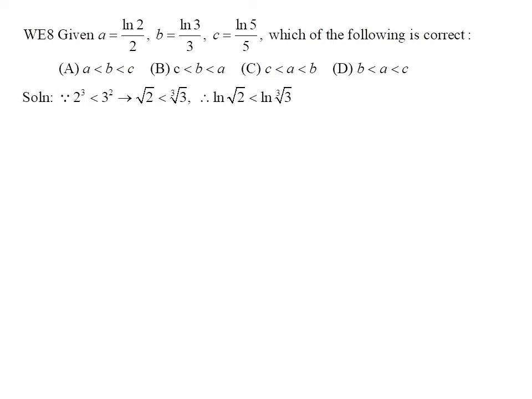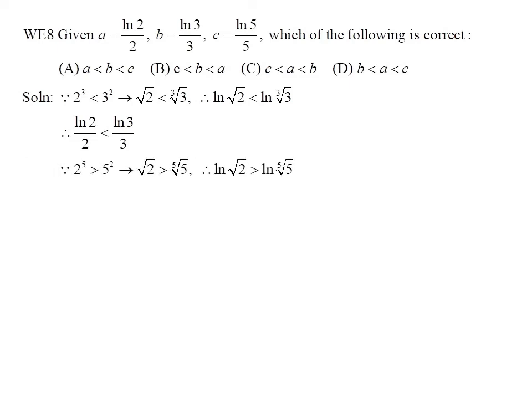Since 2 cubed is less than 3 squared, which implies that square root 2 is less than cubic root 3. Hence, natural logarithm of square root 2 is less than natural logarithm of cubic root 3. So, natural logarithm of 2 divided by 2 is less than natural logarithm of 3 divided by 3.